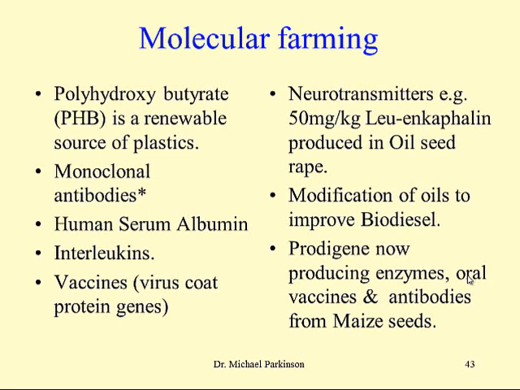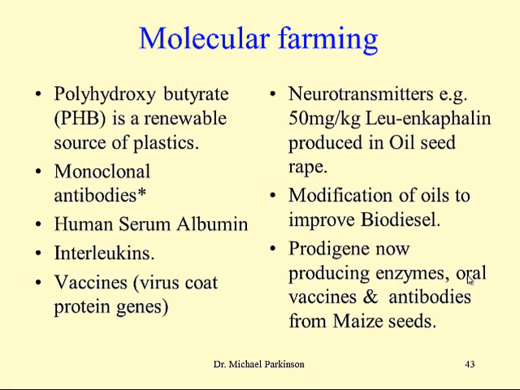So what Prodigene have done is they've actually taken the promoter that is naturally expressed in maize seeds for a particular maize storage protein, and in that maize storage protein they've put a particular restriction site, so you can clone in an extra bit of DNA in order to produce your product.